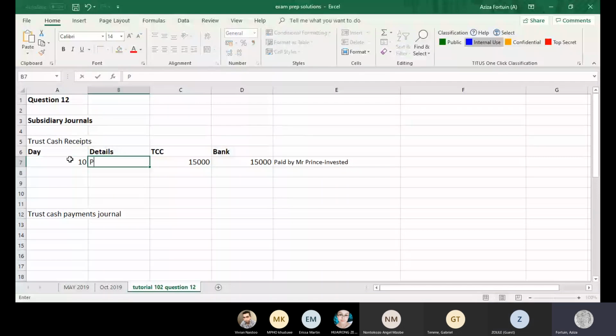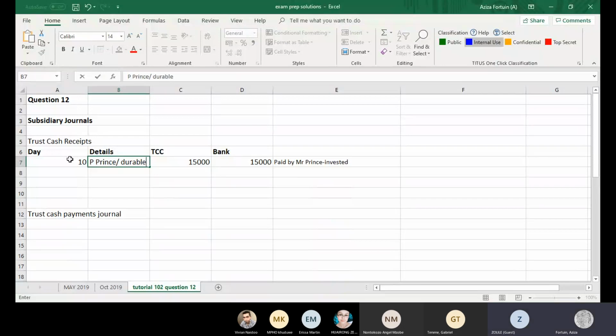Mr. Prince. The amount, which will be 15,000.